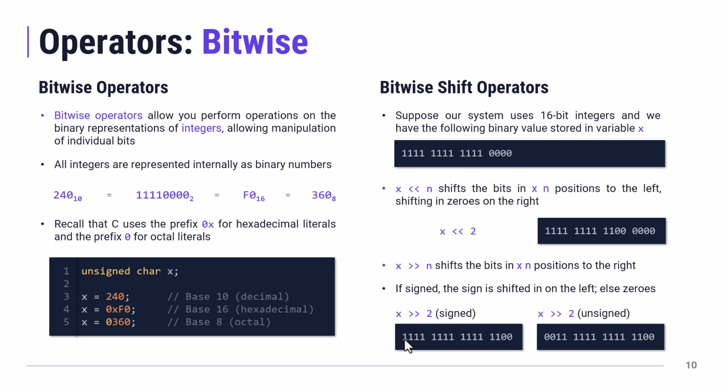If it's an unsigned number, like an unsigned int, for example, it's going to shift in zeros. Okay, but same idea here. We've taken the value of x in a signed variable, it would shift in ones because the sign bit here is 1. In an unsigned variable, it shifts in 2 zeros, and everything else gets pushed to the right, and then the rightmost 2 bits get discarded.